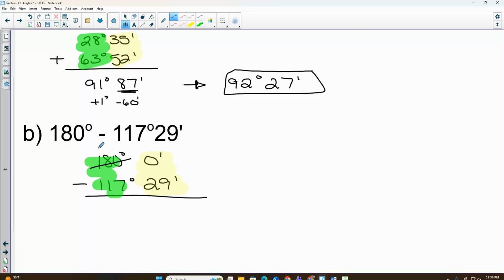I'm going to take away 1 degree, so this would be 179 degrees. But when I bring that over, 1 degree is how many minutes? 60, so I brought over 60 minutes. So then 60 minus 29, 179 minus 117, this is 62 degrees, 31 minutes.